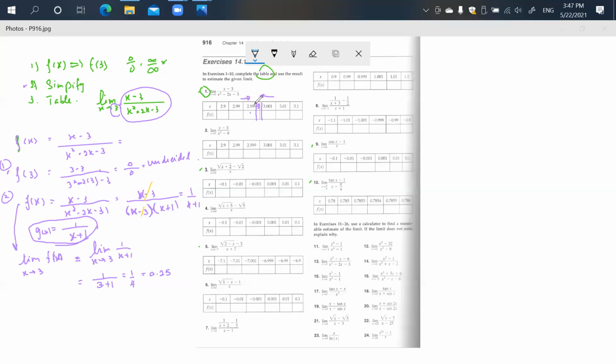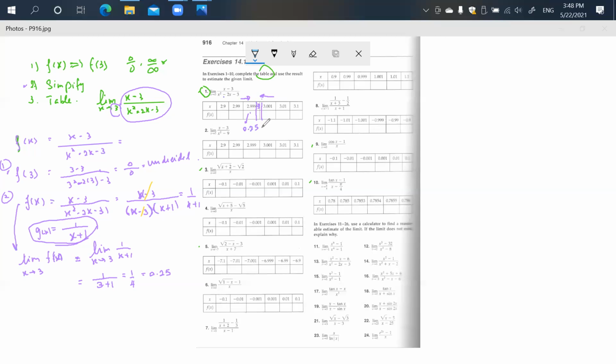2.99. So when you replace x value 2.999 in the equation, and then you simplify, you can use a calculator. This one is too small to fill in. It's about 0.25.